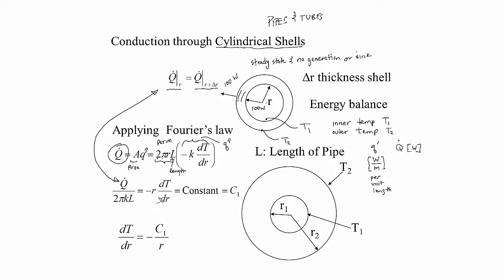So we know that this minus r dT/dr is a constant. We're going to call that constant C1, and we pull the r to the other side by dividing both sides by r. So we have a relationship between dT/dr and this constant. To find out what the temperature variation is with the radius, we'll have to integrate this relationship.